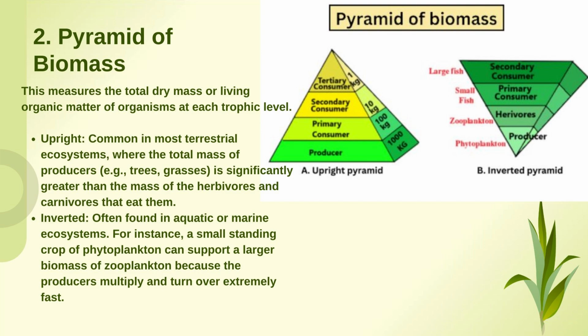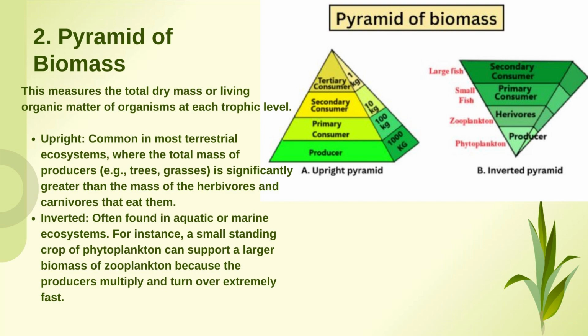For example, a small standing crop of phytoplankton can support a larger biomass of zooplankton because the producers multiply and turn over extremely fast. So in an inverted pyramid, the producers will be less, and the first level of consumers, that is zooplankton, will be a little more than that, and the ones which feed on zooplankton will be much more than that, and the larger fishes will be much more than that.